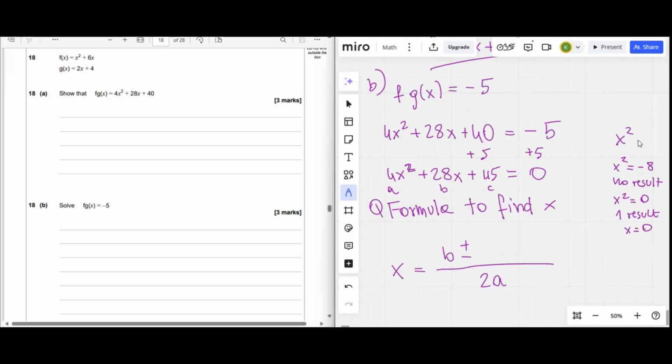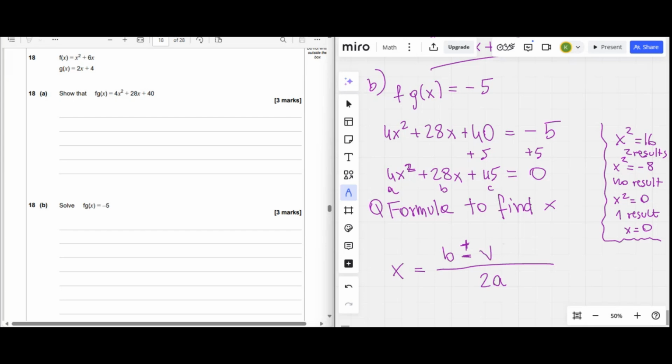And for example, x squared is 16, there will be two results, being plus 4 and minus 4. Okay? So that's why there is that plus and minus, because one will be most likely positive and the other one negative, but that depends.